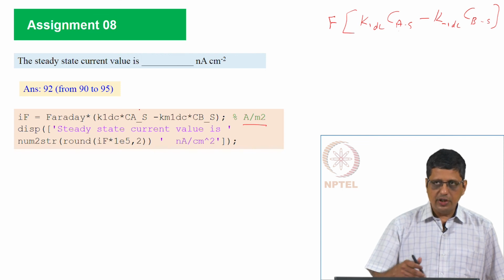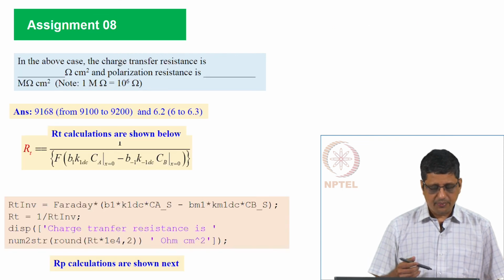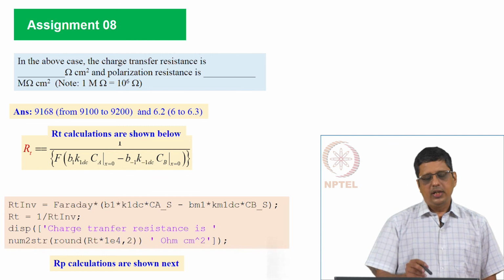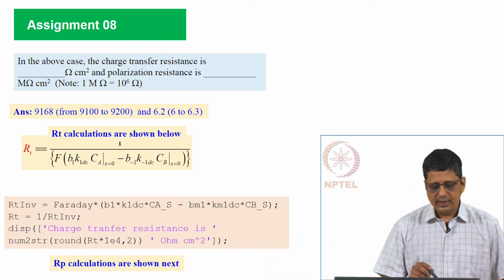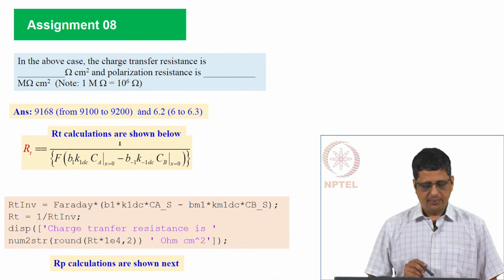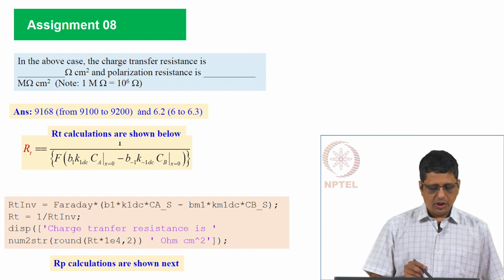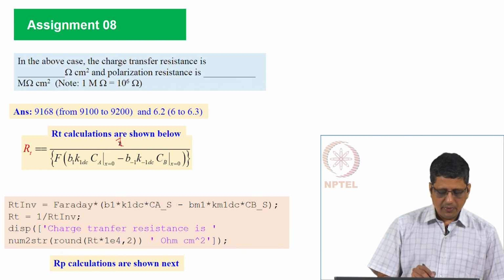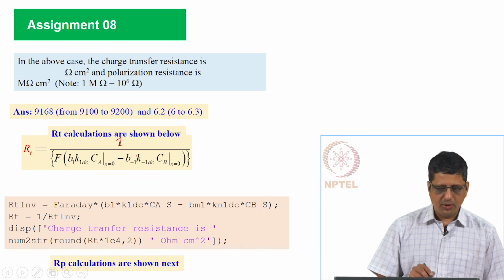So, this is the continuation of the previous code. Then you are also asked what is the charge transfer resistance and what is the polarization resistance. Okay. So, charge transfer resistance is given by the expression here: 1 by the terms within the parenthesis, F B1 K1 concentration of A on the surface minus B minus 1 K minus 1 concentration of B on the surface.